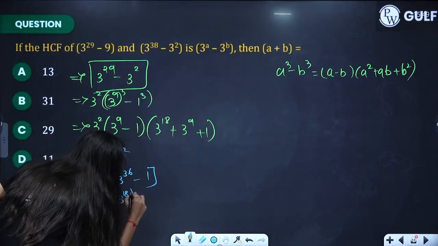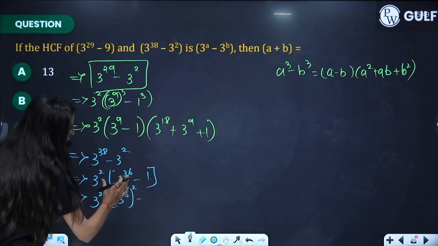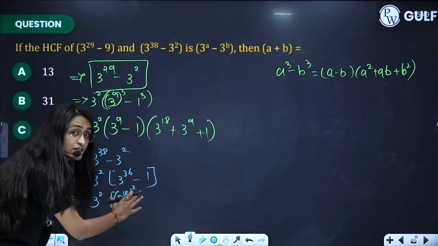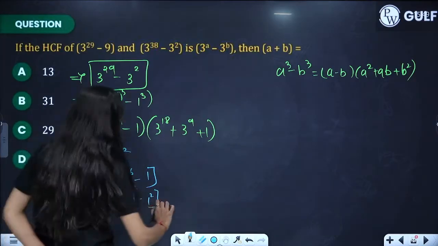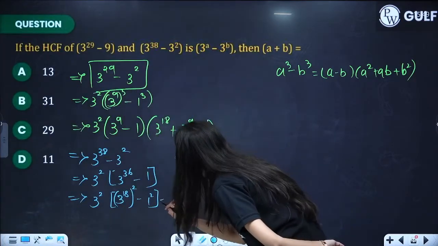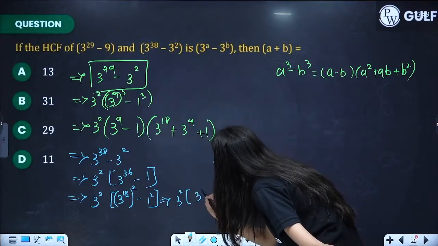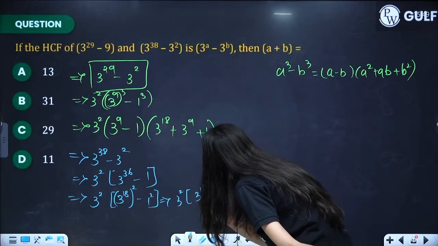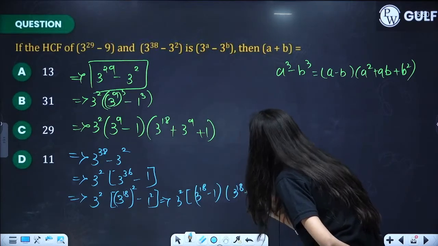We'll see that this is forming 3 raised to 18 whole square, like a square minus b square. We'll be writing this expression in the form of a square minus b square, which is 3 raised to 18 square minus 1 square, which could be written as 3 square common. You're getting 3 raised to 18 minus 1 multiplied by 3 raised to 18 plus 1.